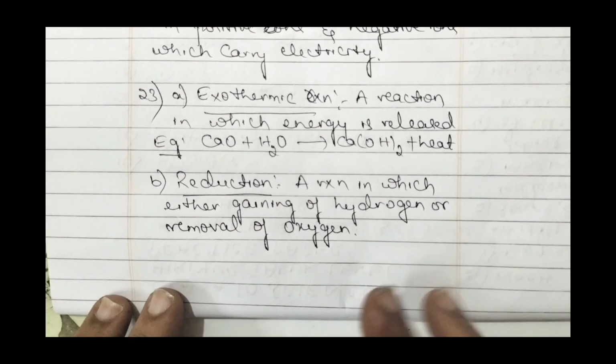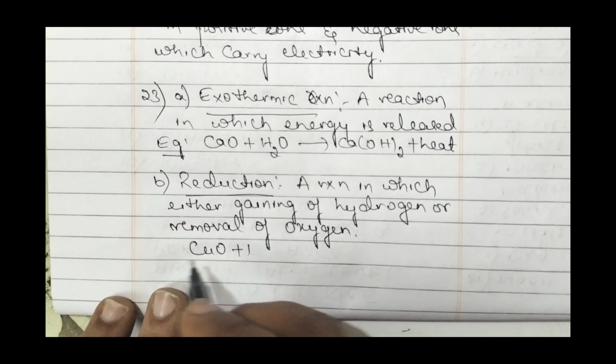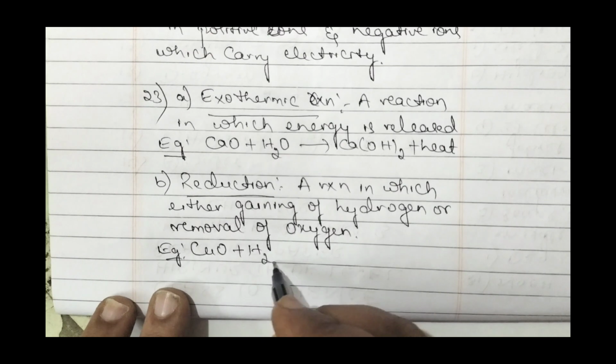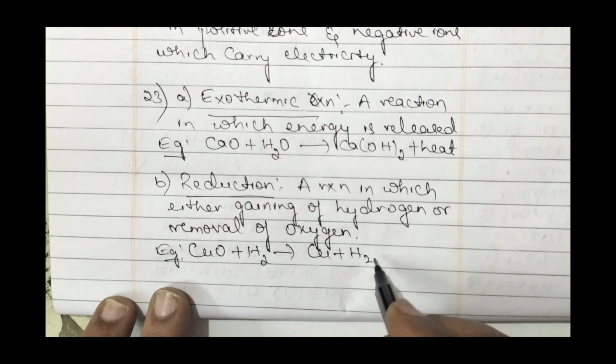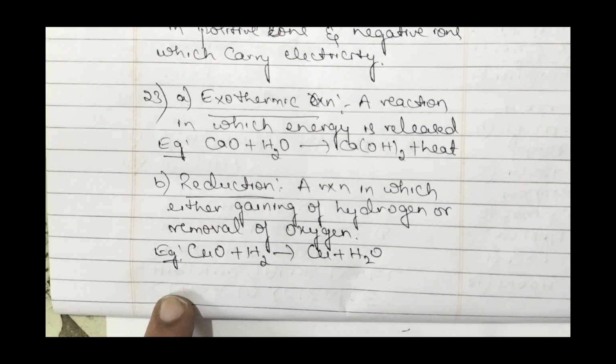Example for reduction reaction: CuO plus H2 gives rise to Cu plus H2O. So here copper oxide is reduced to copper.